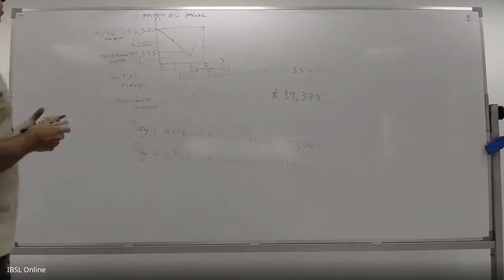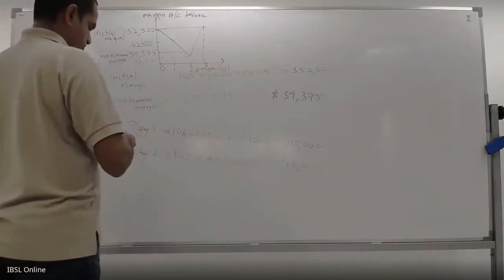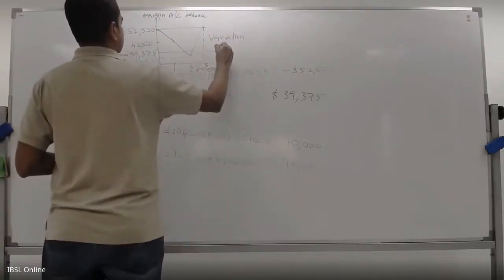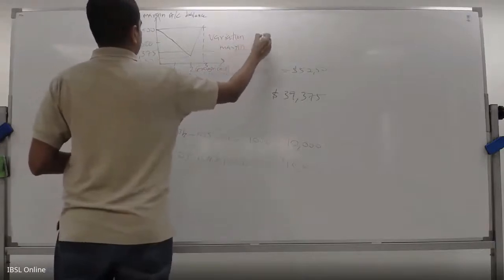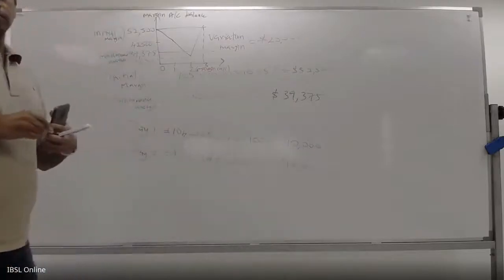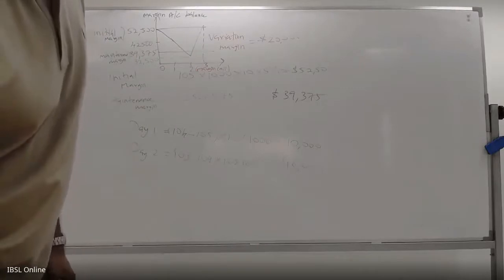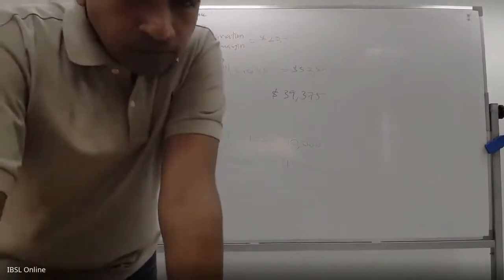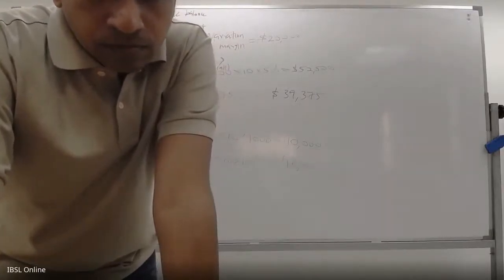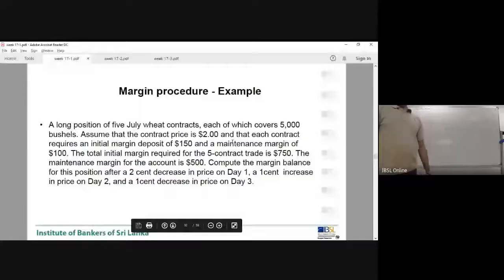So you have to deposit a total of $20,000, meaning your variation margin was $20,000. Right. So the next example.